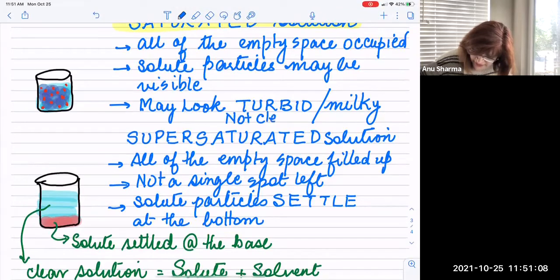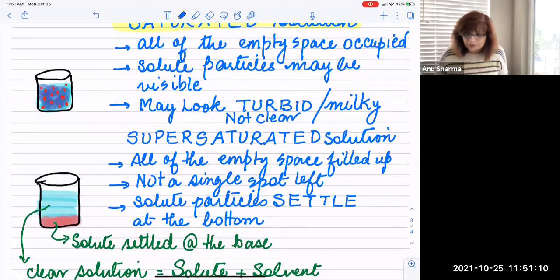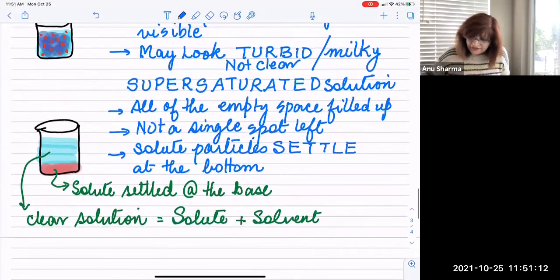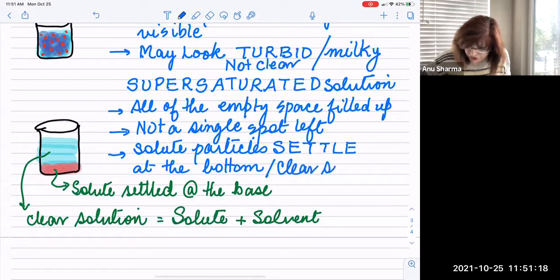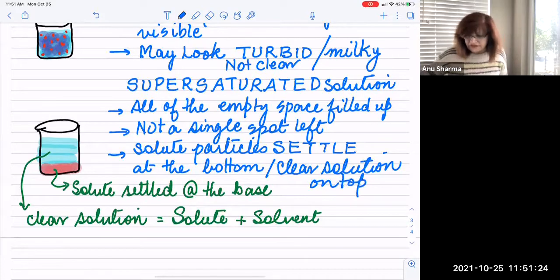And next is the supersaturated, in which the solute particles settle at the bottom, but a clear solution is on top, because it settles by weight. So these are the three types.